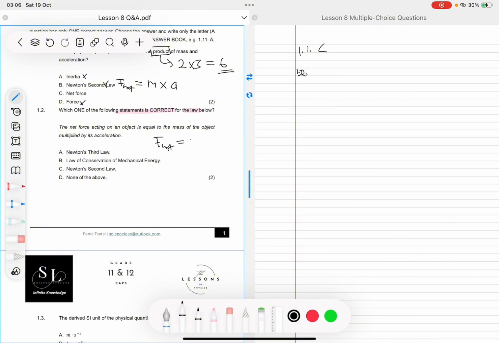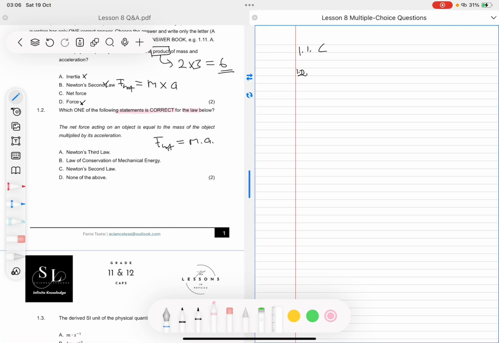This statement says the net force is the same as the mass multiplied by the acceleration. When you look at it, it does ring a bell, right? It is Newton's second law, so our answer has to be C. We spoke about this when we did our lesson in Newton's second law. We introduced this equation.